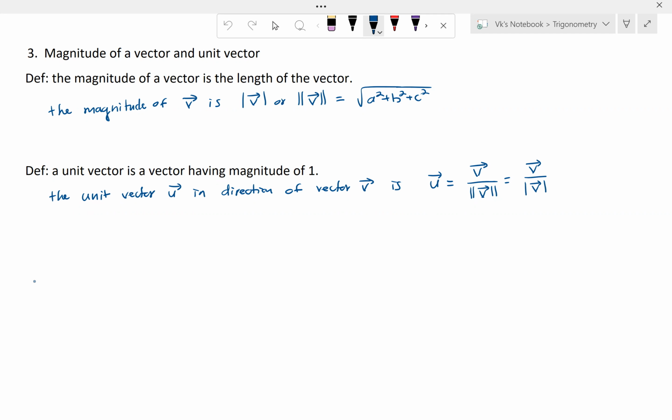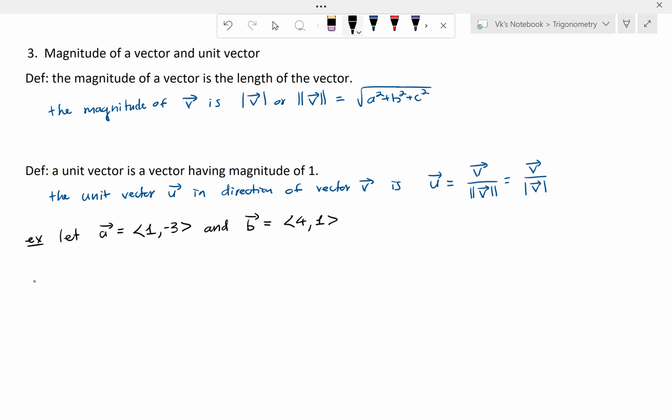Let's do an example. Let vector A be (1, -3) and B be (4, 1).